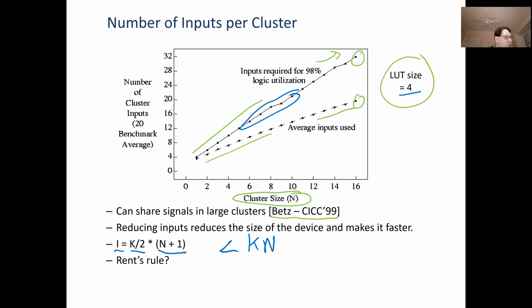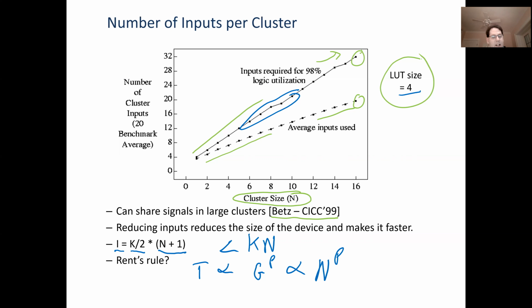Now, we studied Rent's rule, right? Just to remind you, Rent's rule says the number of terminals in some piece of logic is proportional to the amount of logic, so gates, or in this case, N, to some Rent exponent, because N is the number of LUTs we put in this.